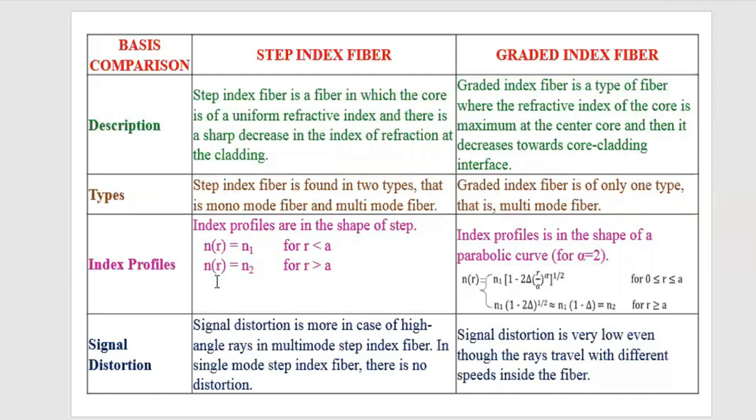In step index fiber, for R less than A, the core material, the refractive index is N1. For R greater than A, the cladding material, the refractive index is N2.